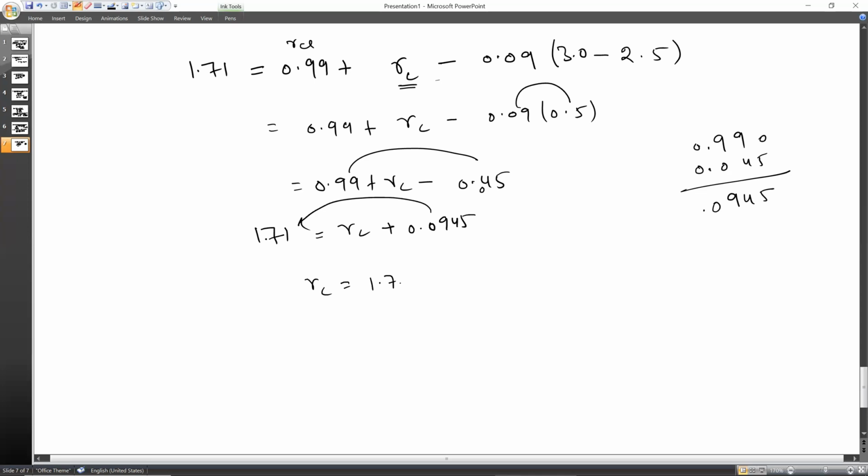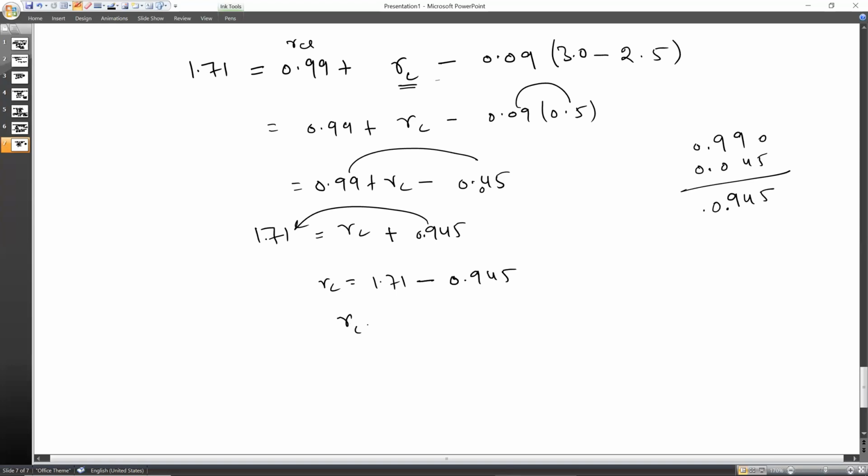You will get Rc is equal to 1.17 minus 0.945. Sorry, when it goes to that side it becomes subtraction.